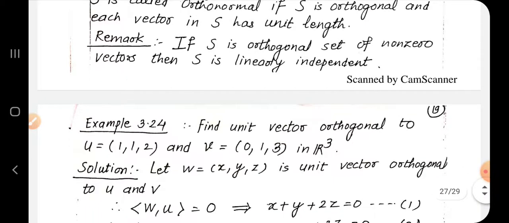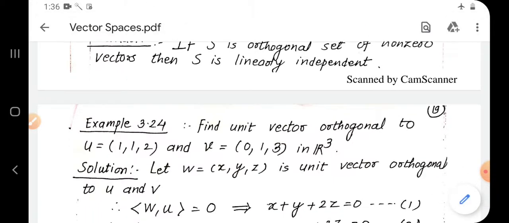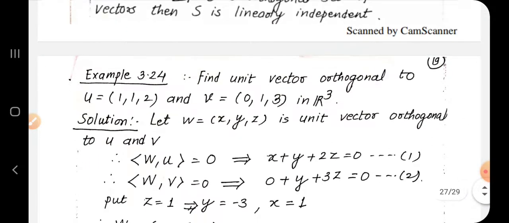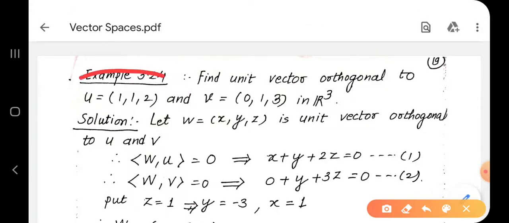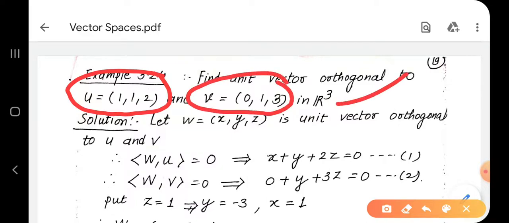So the first question we are going to take is: find unit vectors orthogonal to u = (1, 1, 2), v = (0, 1, 3) in R3. Means I have to find a third vector which is orthogonal to u and v and having norm 1.